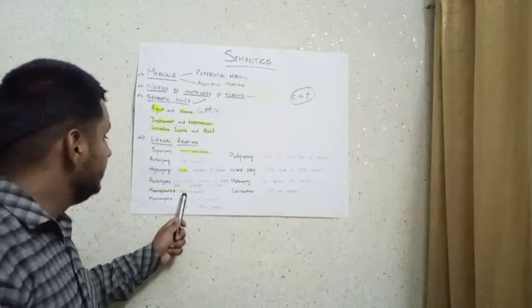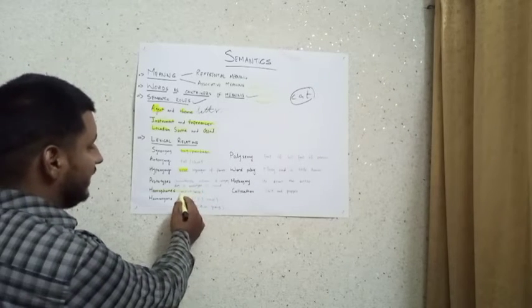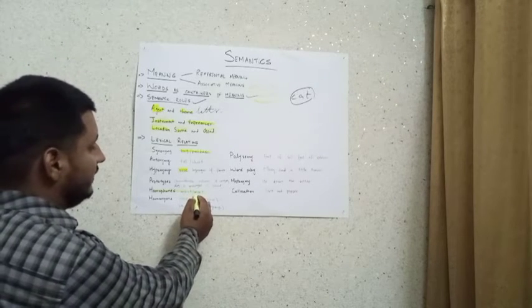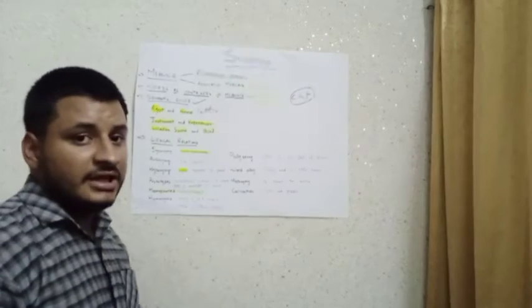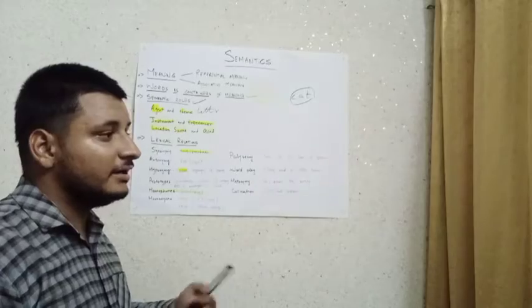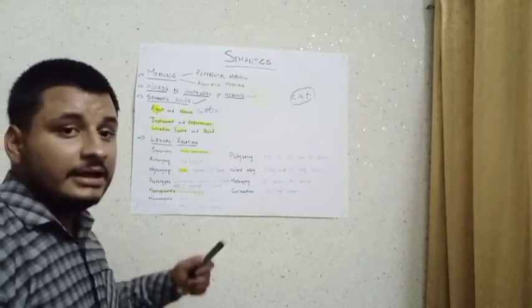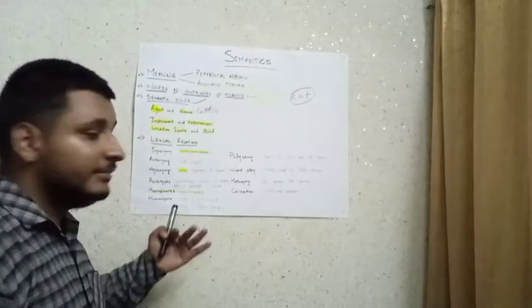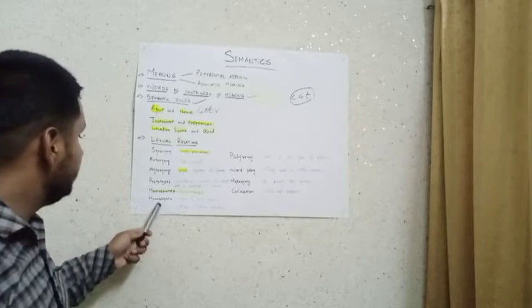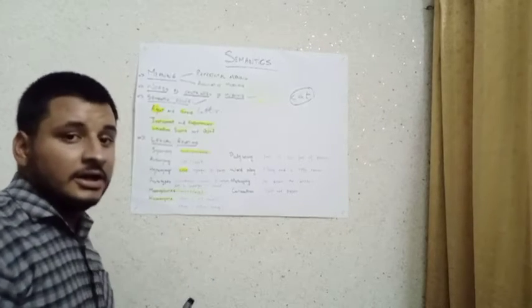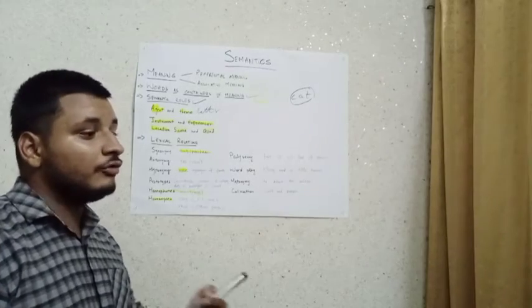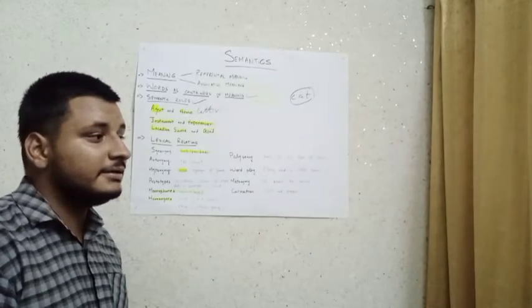For example, meat, the first one is M-E-A-T meat, and the second one is M-E-E-T meet. Now, in pronunciation, when we utter these words, meat and meet are the same, but they have different meanings behind them.